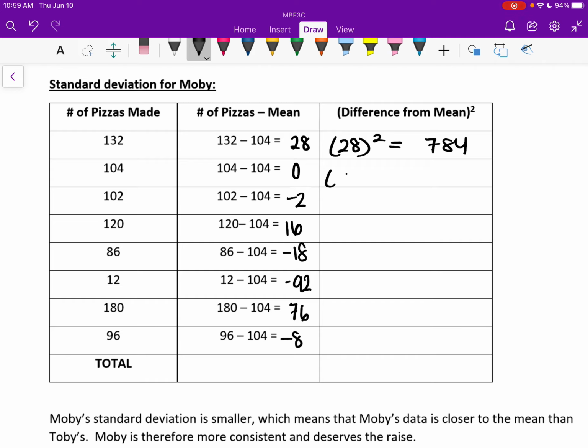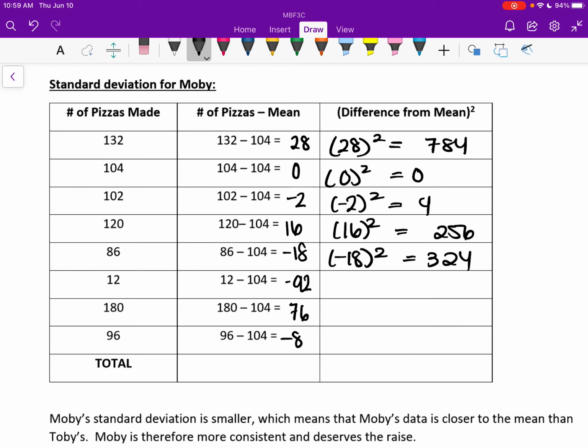Then I'm going to take 0 squared, which is just 0. Negative 2 squared is just 4. 16 squared is going to be 256. And then 92 squared is 8,464. 76 squared is 5,776.